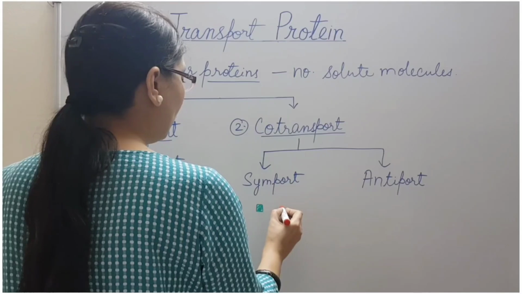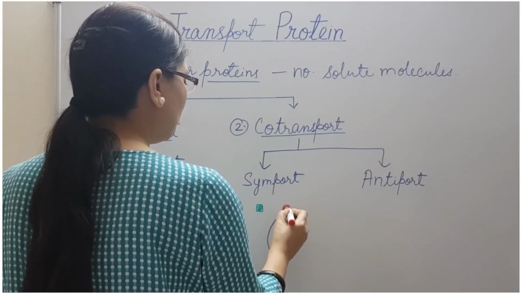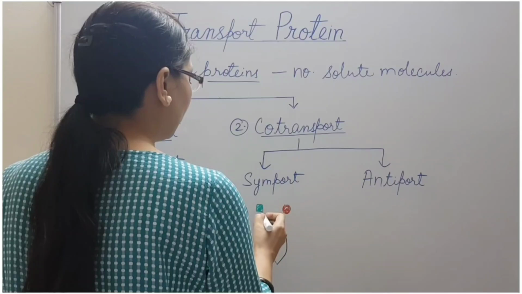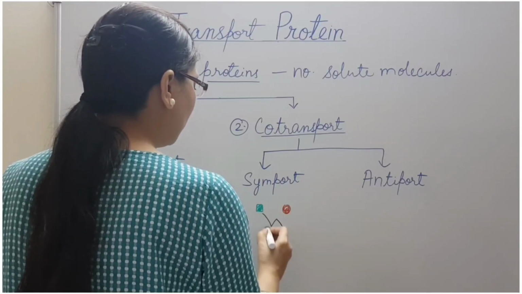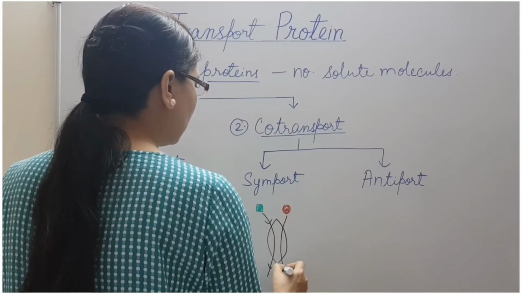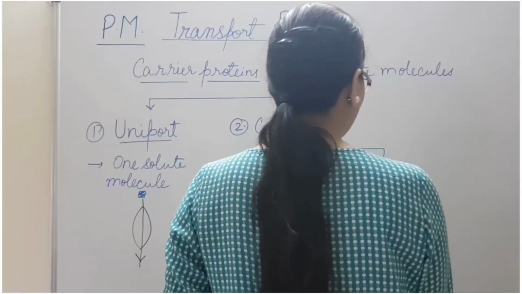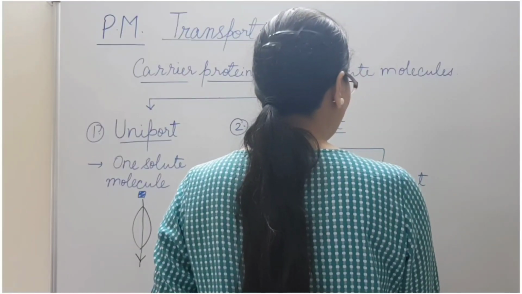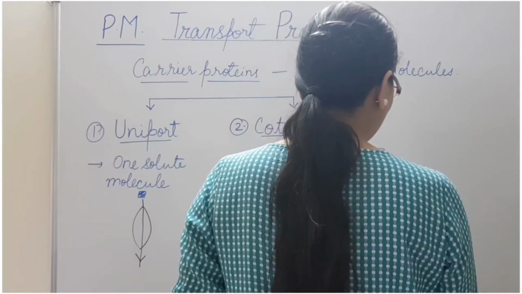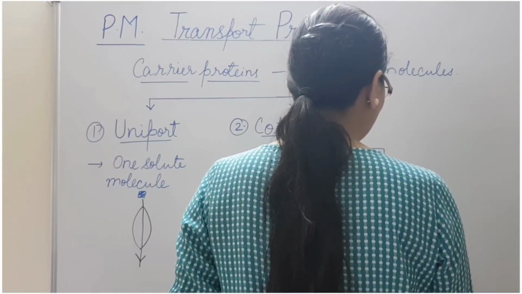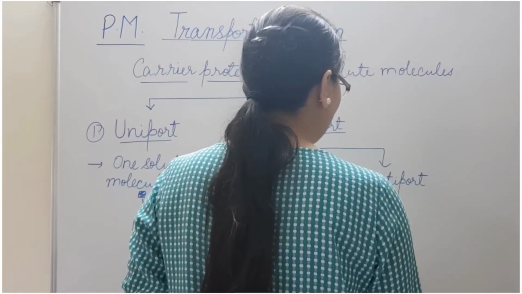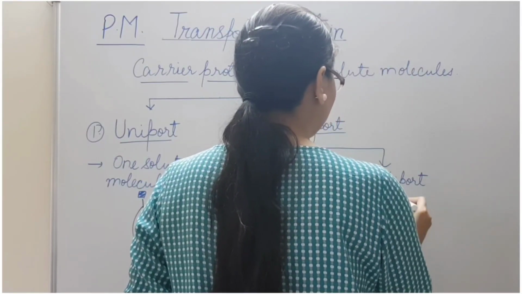When the transport of one solute molecule is coupled with the transport of other solute molecule in the same direction, it is known as symport. Antiport. When the transport of one solute molecule is coupled with the transport of the other solute molecule in the opposite direction, it is known as antiport.